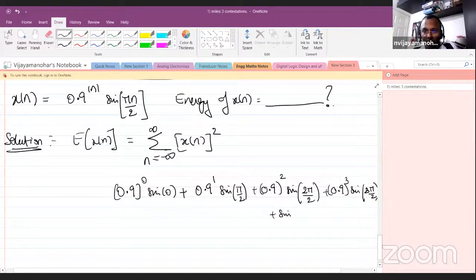I'll write one more term, plus 0.9 power 4 sine 4 pi by 2, plus so on till infinity.